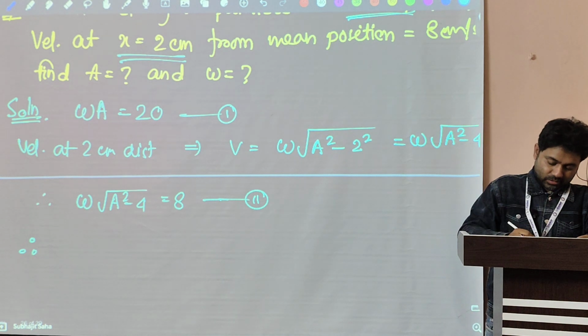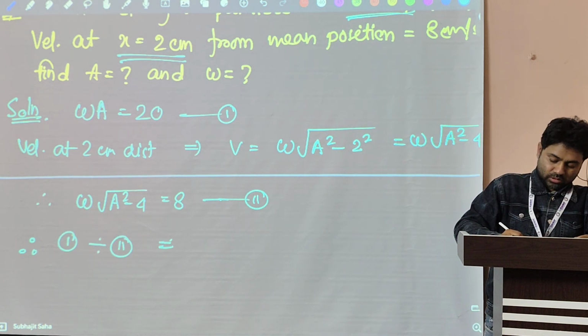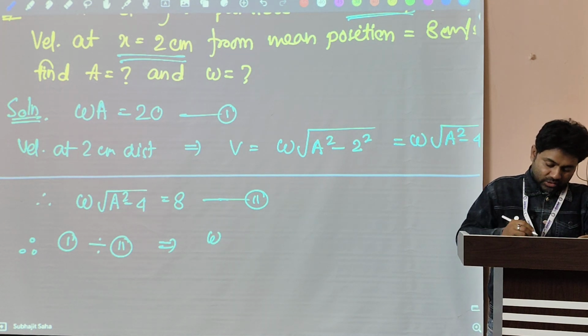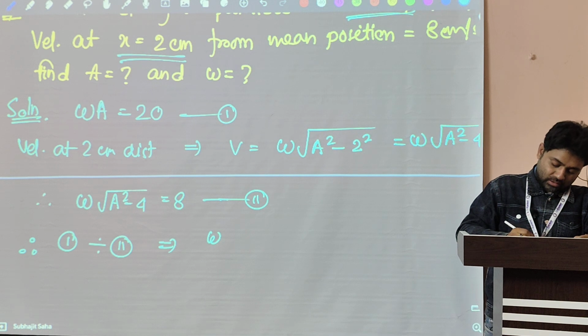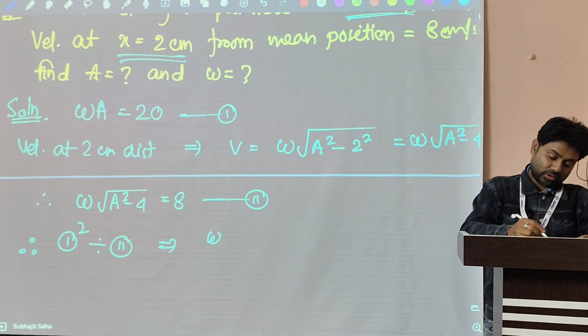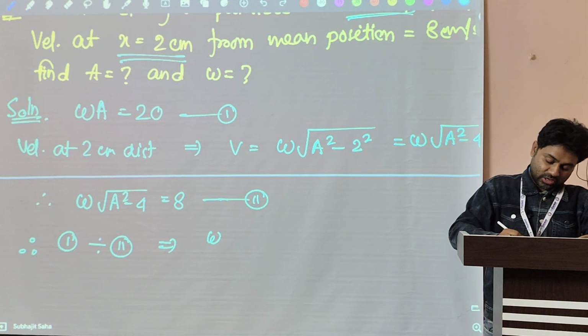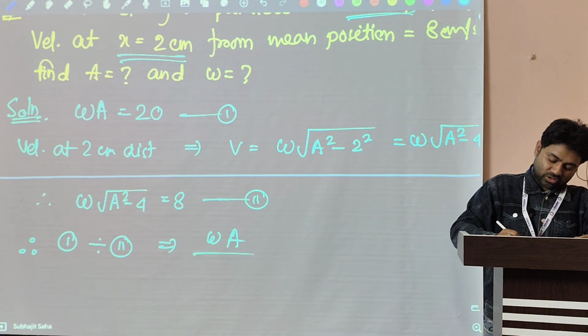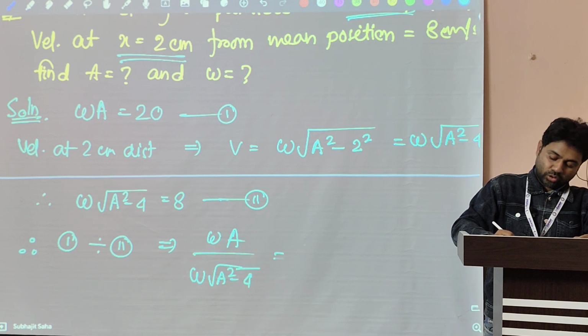So just divide 1 by 2. Square both sides of 1 and then divide it by 2. Okay, easy. Omega a by omega root a square minus 4 equal to 20 by 8.